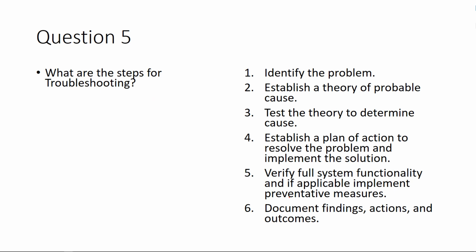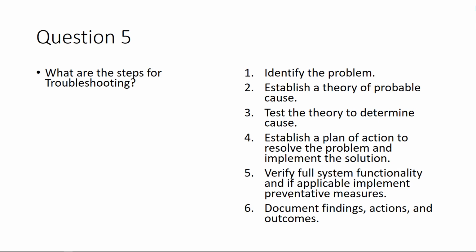Understand the steps for troubleshooting. The 6 common steps: identify the problem, establish a theory, test the theory, establish a plan of action and implement the solution. Step 4 sometimes could be split into 2 different ones. Next, verify full system functionality.